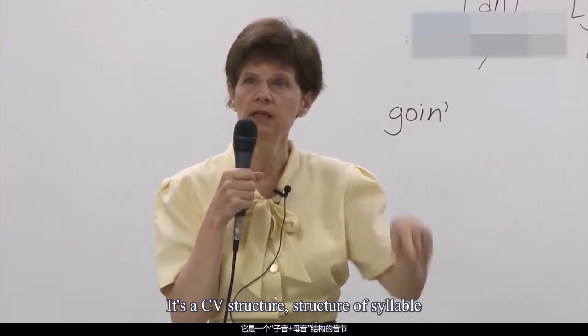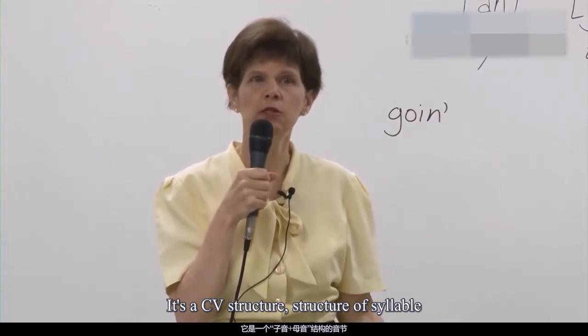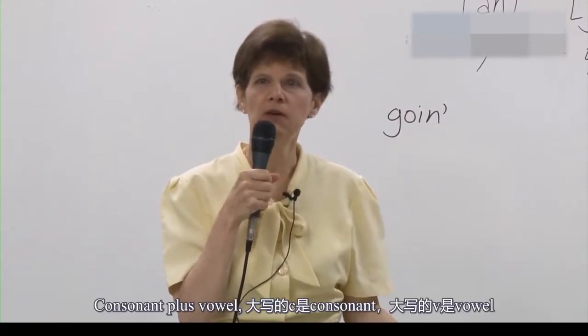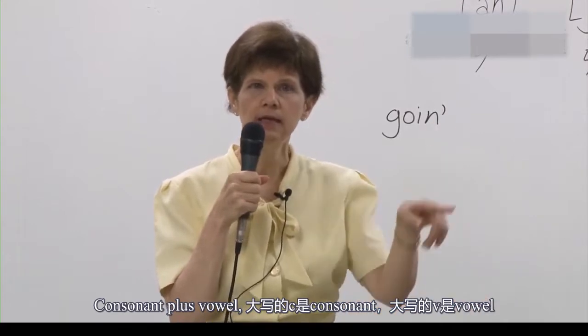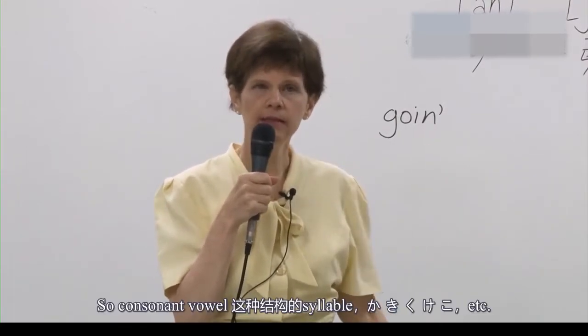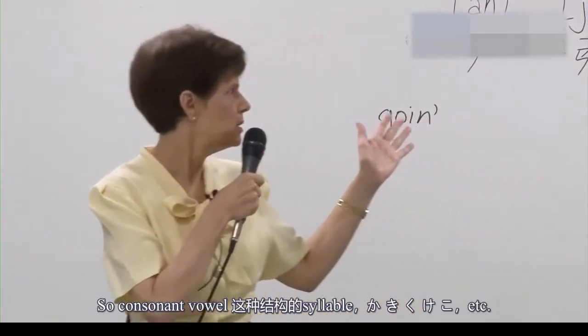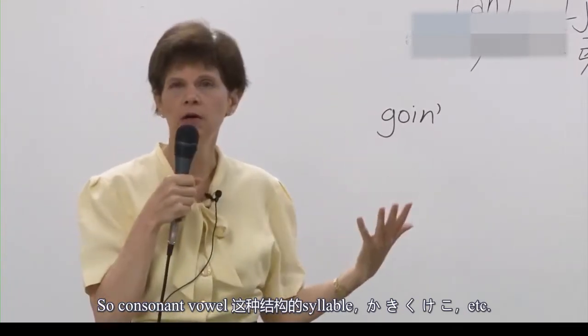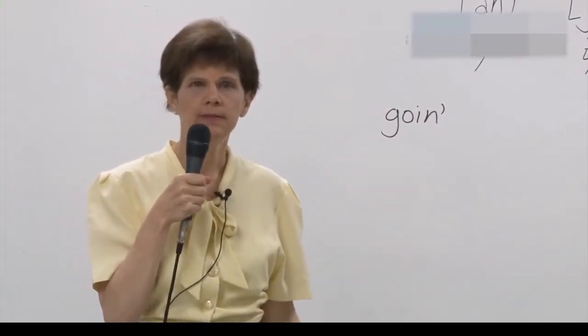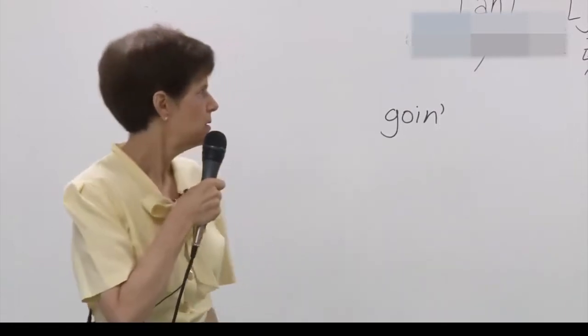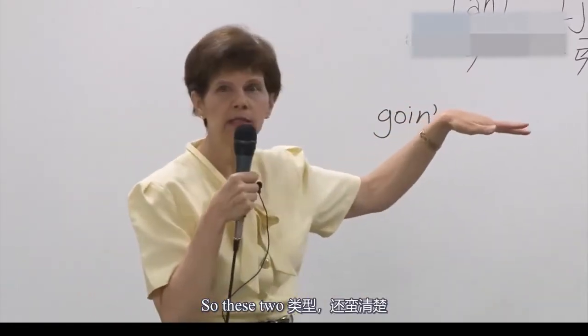That's a syllable. It's a CV structured syllable. Consonant plus vowel. 大写的 C 是 consonant, 大写的 V 是 vowel. So consonant vowel 这种结构的 syllable, kaki, kuke, ko, etc. That's a syllabary. So these two 类型还蛮清楚.